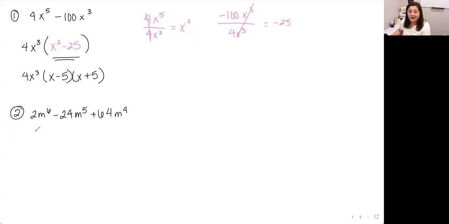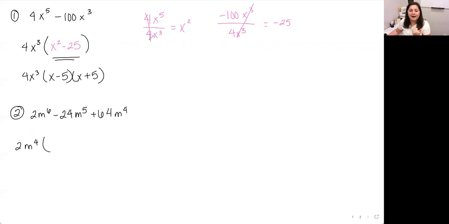My greatest common factor with regard to the numbers is 2. And with regard to the variables, I have 6, a 5, and a 4. It's going to be 4 because that's the lowest exponent. That just means I'm going to have at least 4 m's in each of my terms.